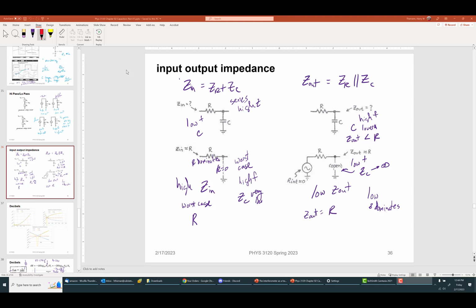Now, in Z in, you say, well, that's not such a big deal. But what about Z out? And remember now, Z out is with the Thevenin model. So it says, R internal equals 0. That's our function generator.